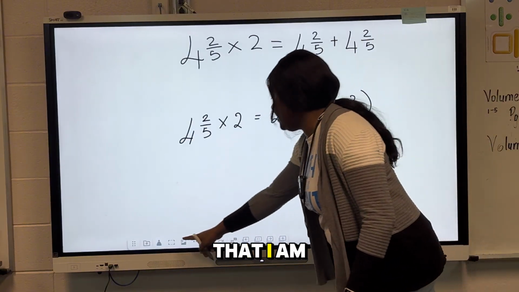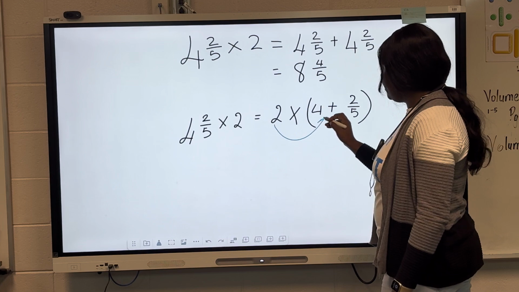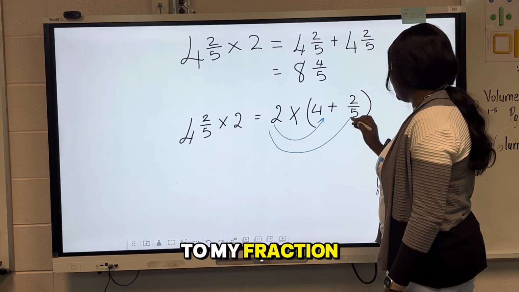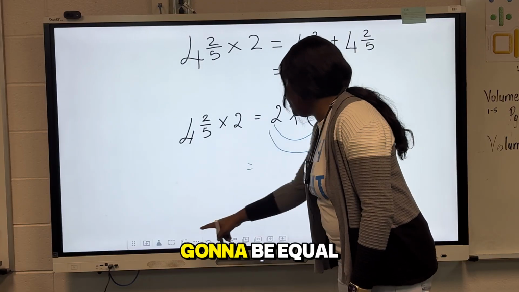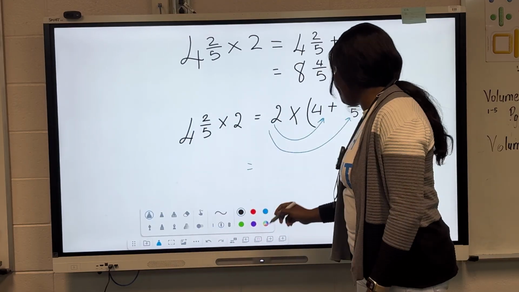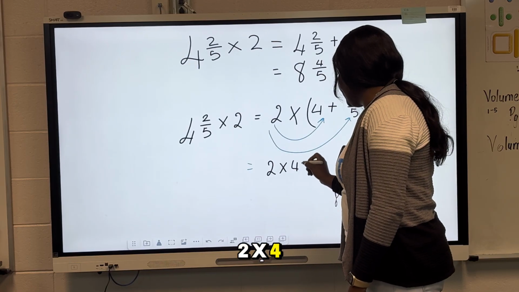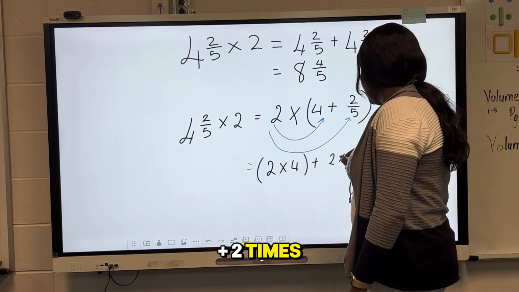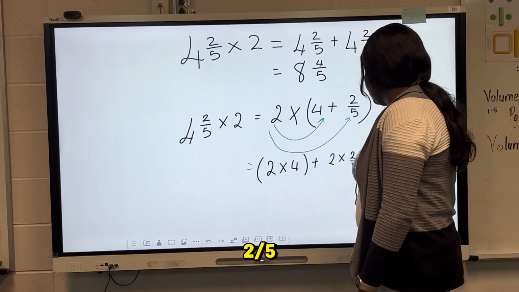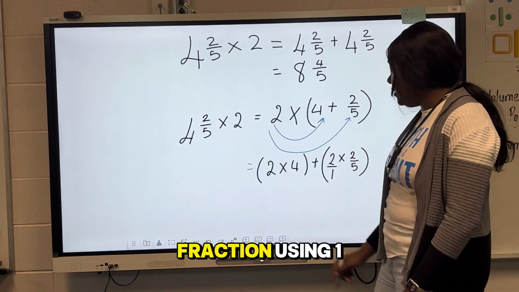Distributive property means that I am going to distribute my whole number to my fraction as well as my whole number. So this is going to be equal to 2 times 4 plus 2 times 2/5. I make my whole number a fraction using 1.